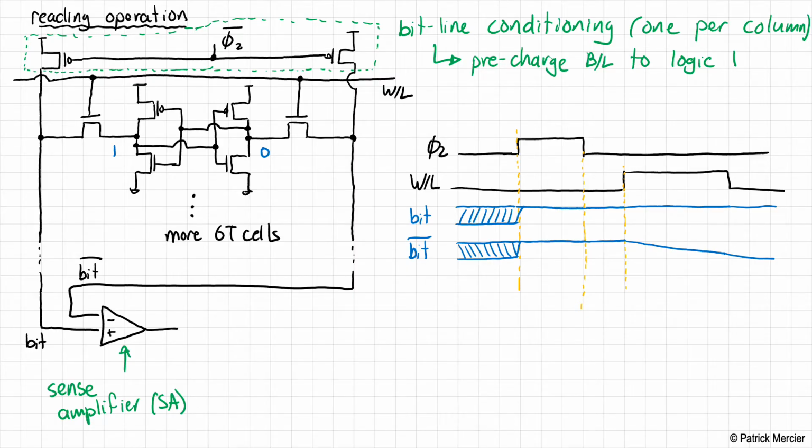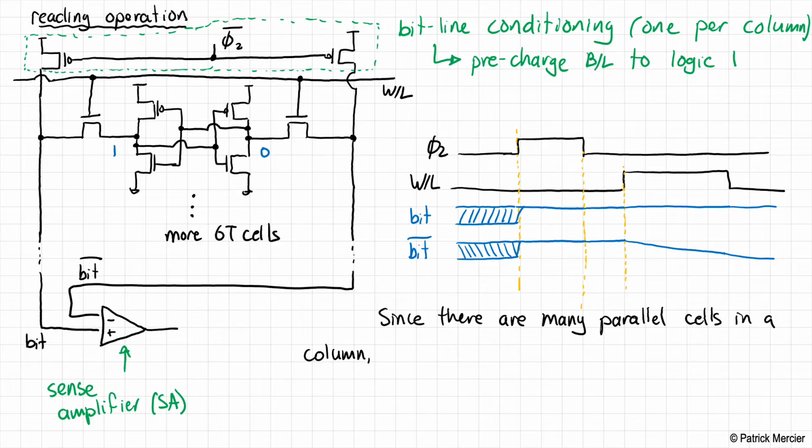Okay, since there are many parallel cells in a column, bit line capacitance can be large.